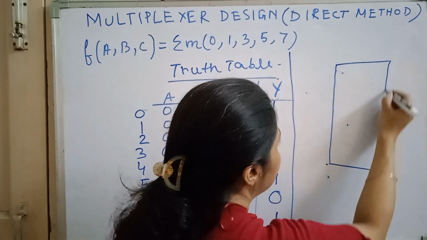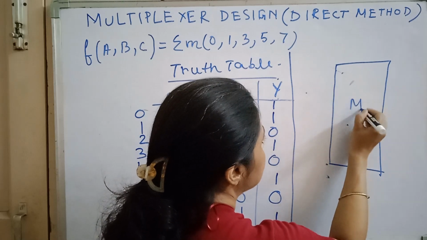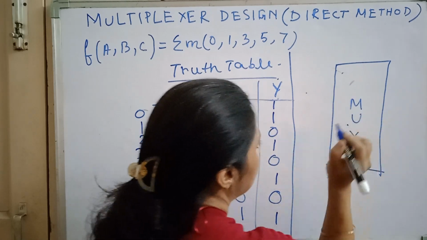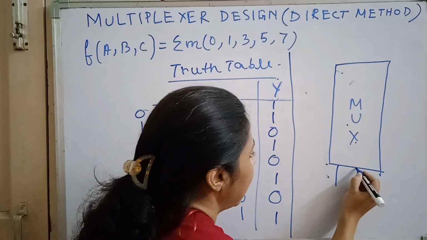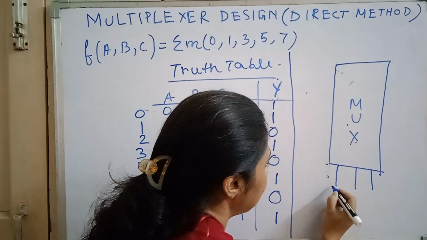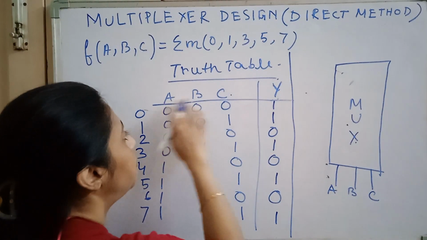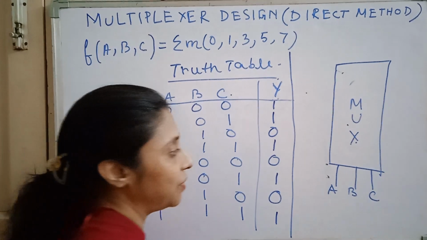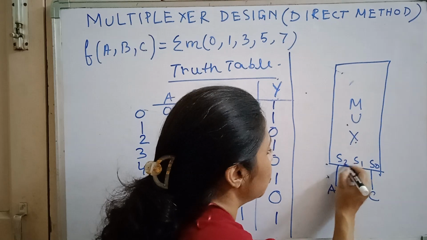see, this is my multiplexer, this is the MUX. Now if the select lines are A, B, C, this is given to the select line. These inputs are always given to the select line, right? So this is S0, S1, S2.